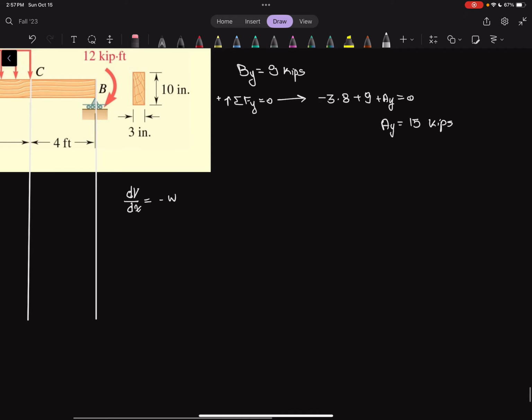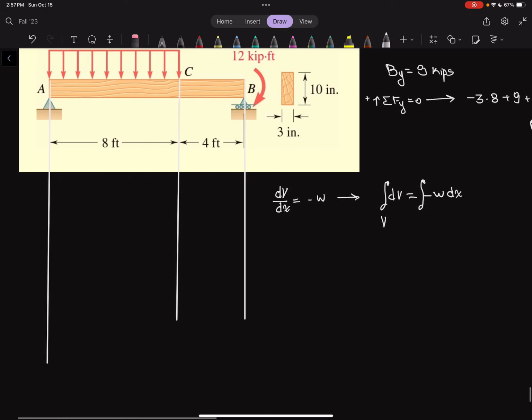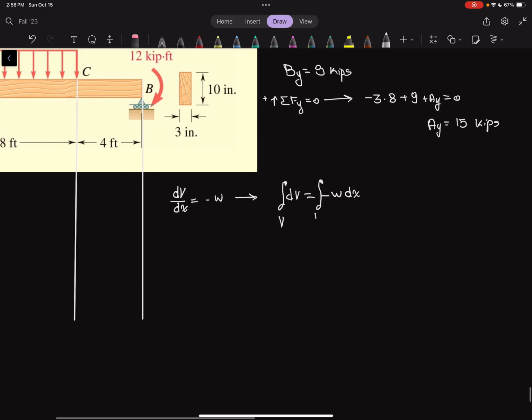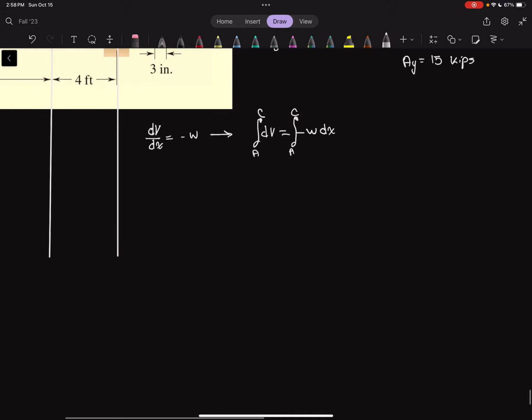This is a separable differential equation, so dV equals minus w dx, and we integrate on both sides. We're going from A to C.